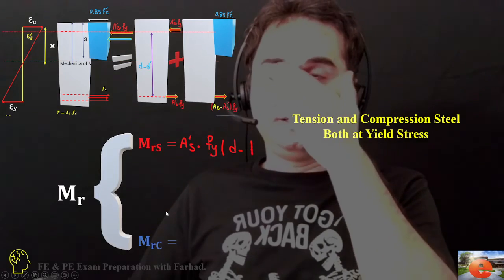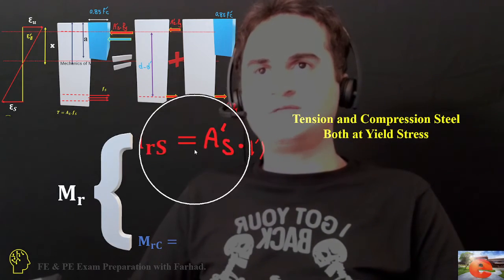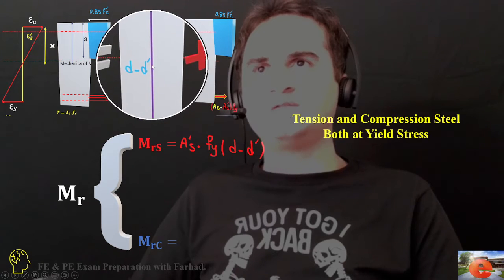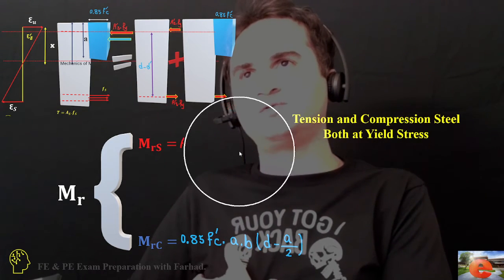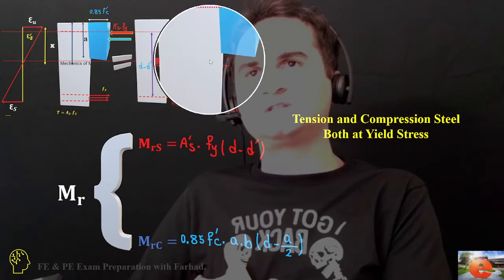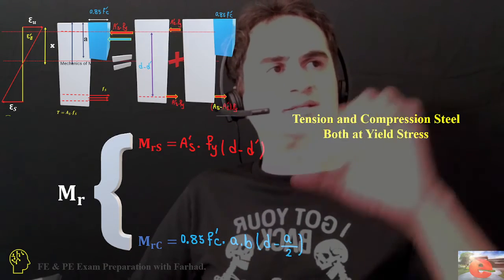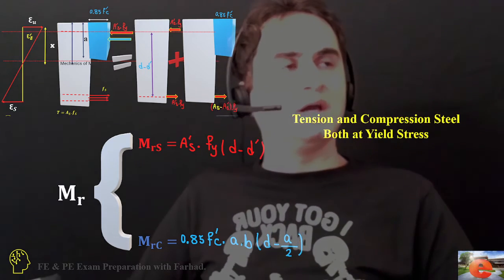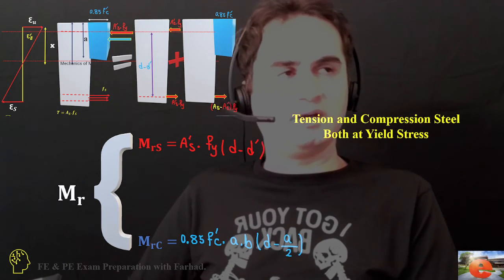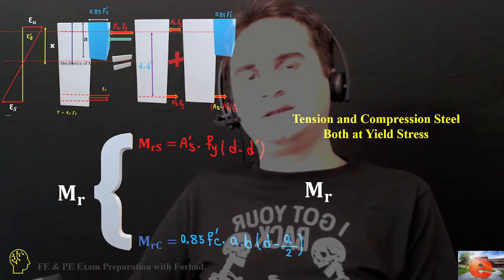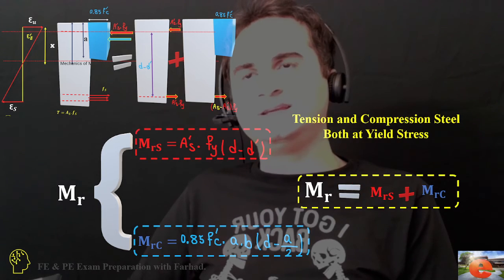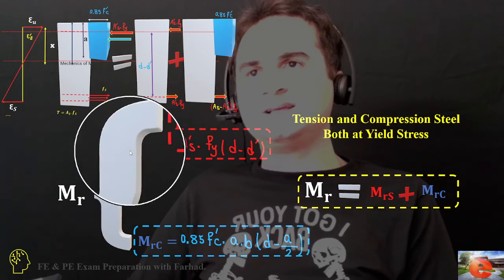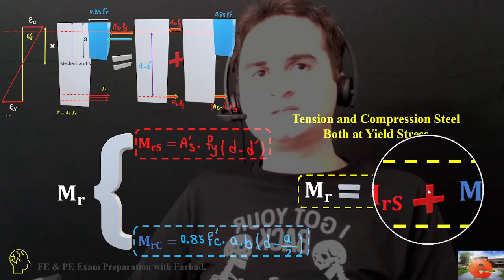The first one is A'_s times f_y times (d minus d'), which is this distance, and the other one is 0.85 f'_c times a times b times (d minus a over 2), which is the effective depth minus half of the equivalent rectangular stress distribution of Whitney. Definitely, M_R is the summation of both of them. So one can say M_R, the resistance moment, consists of M_Rs plus M_Rc.